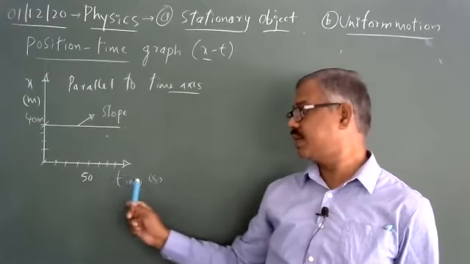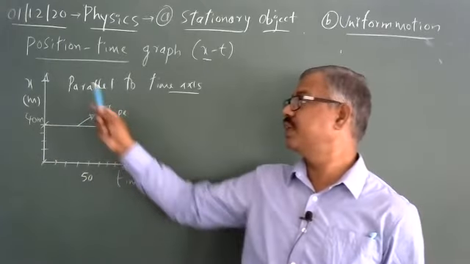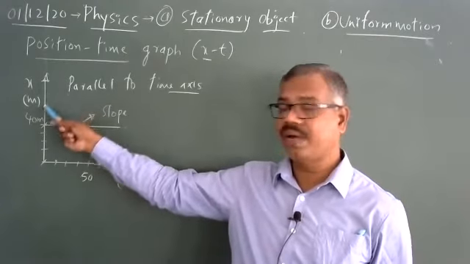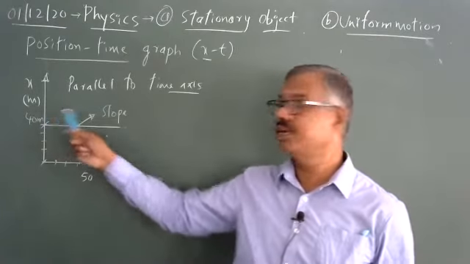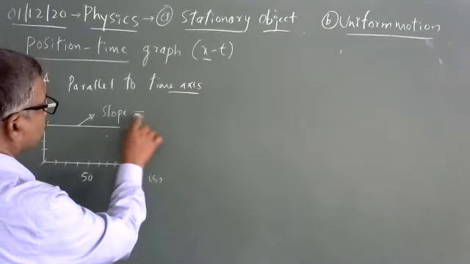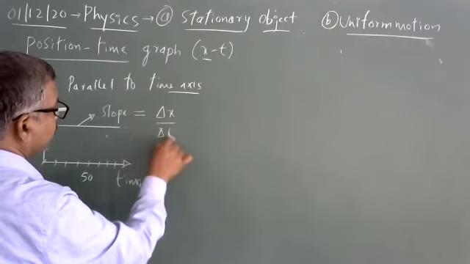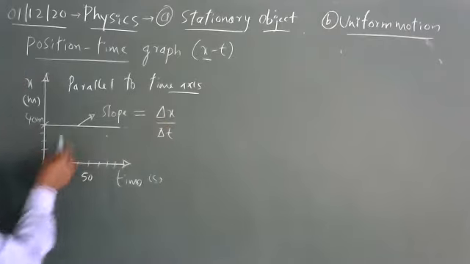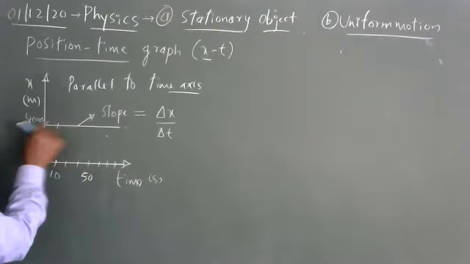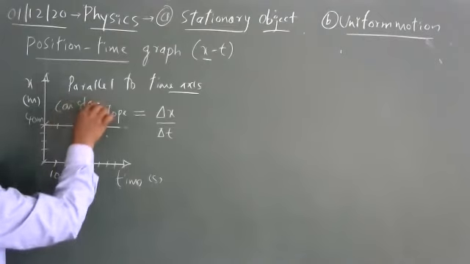Along the x-axis, I have taken time. Along the y-axis, I have taken the position coordinate. Slope is defined as dy by dx, delta y by delta x, the change in y coordinate to the change in x coordinate. Here, since it is position, slope is mathematically the change in position to the change in time. For 10 second also it is here, and this x never changes; x is constant.